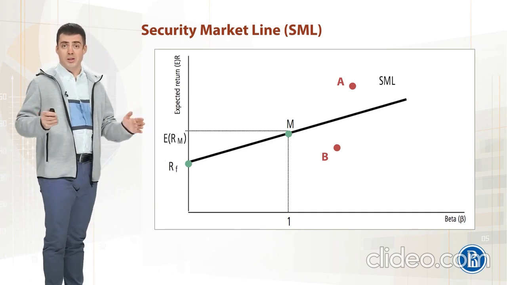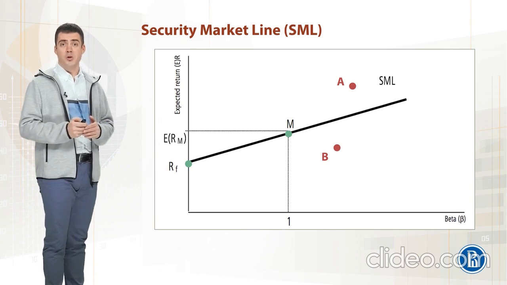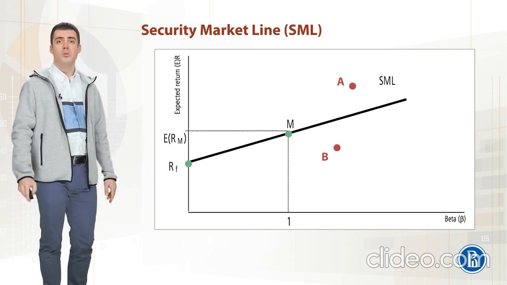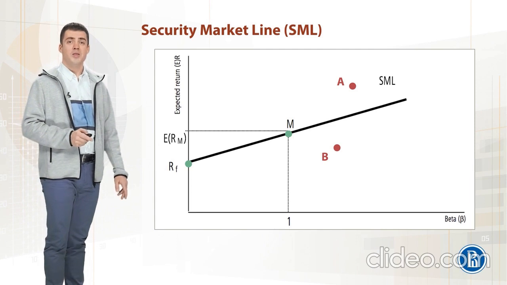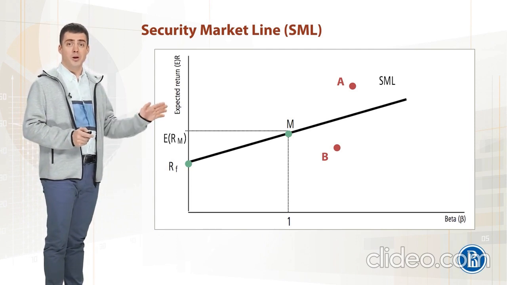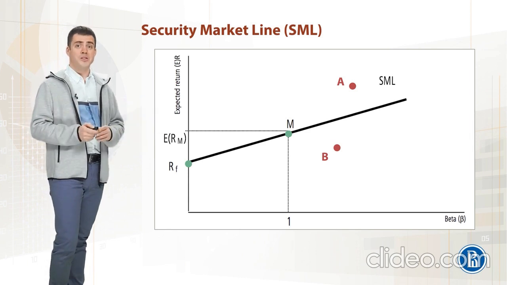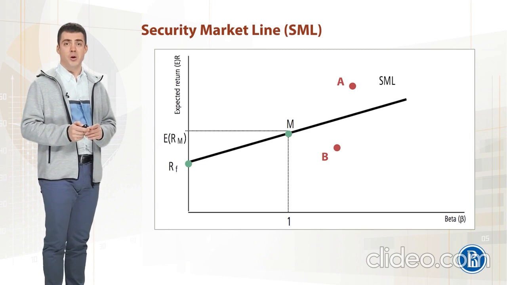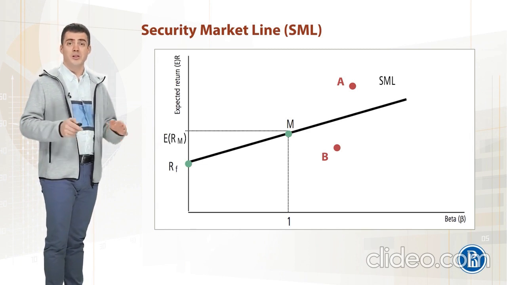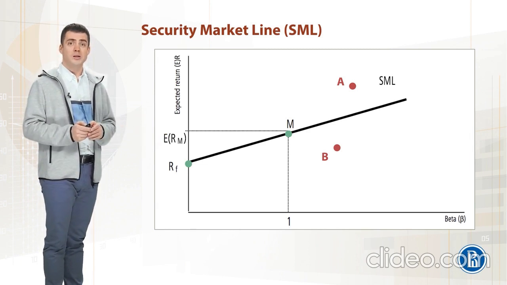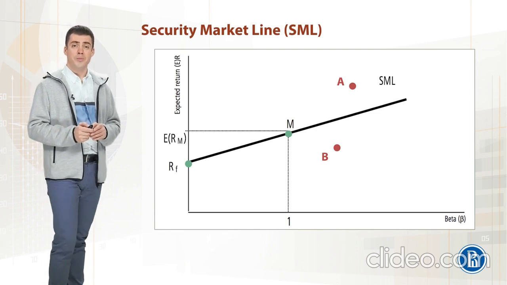As the market contains all investors who have perfect information and homogeneous expectations, this will be noticed not only by you, but by any other investor in the market, so that everyone will be willing to buy stock A, thus increasing the demand for this stock and moving its price up.